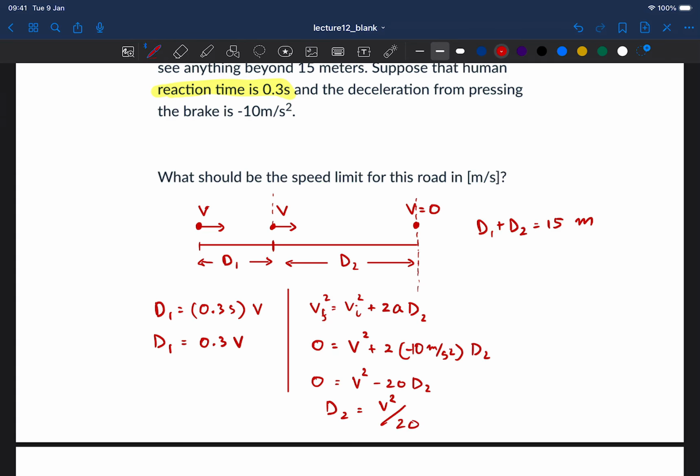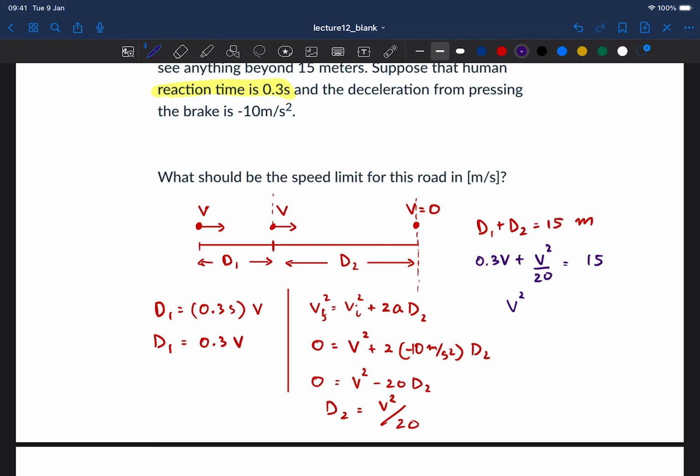Okay. So now you just need to add them. d1 is 0.3 v, d2 is v square over 20, and this has to be equal to 15. So you just need to solve for v square and it's quadratic again.